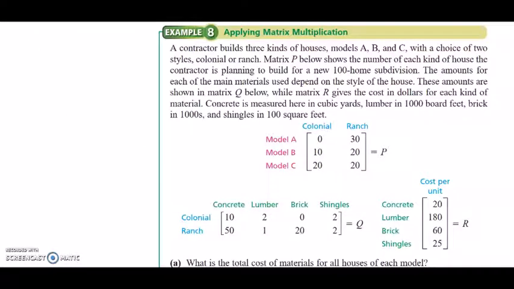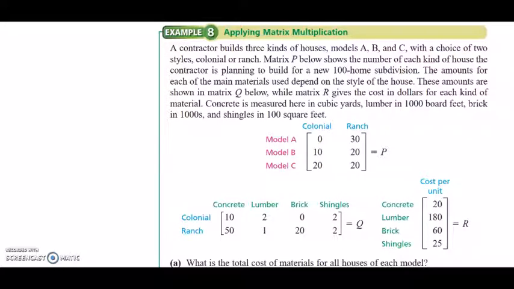There are a number of real-world applications for matrices. Let's take a look at this example. A contractor builds 3 kinds of homes, A, B, and C, with 2 different styles, colonial or ranch. Matrix P shows the number of each kind of home that he's planning to build for a new 100-home subdivision. The amounts for each of the main materials used depend on the style of the house.